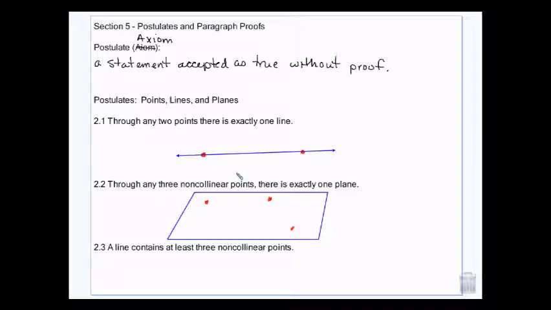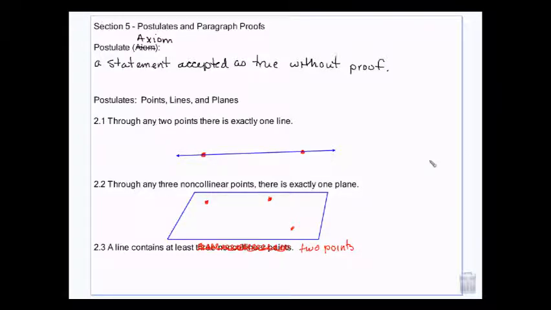A line contains at least 2 points. Yes, this was another typo. Should have fixed these. So there are 2 points required to make a line, and only one line can go through those 2 points, that means every line contains at least 2 points.